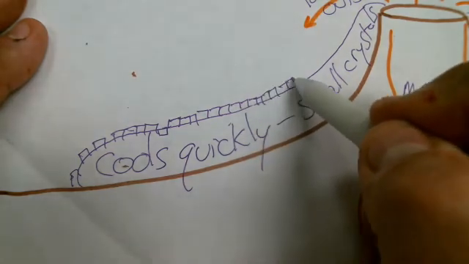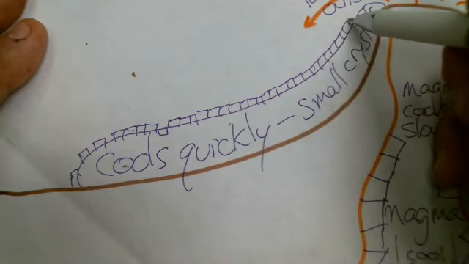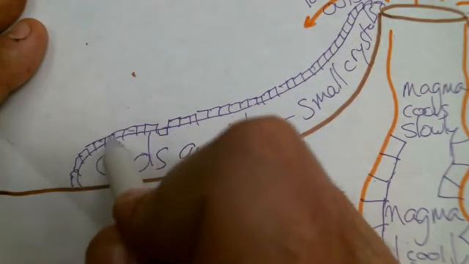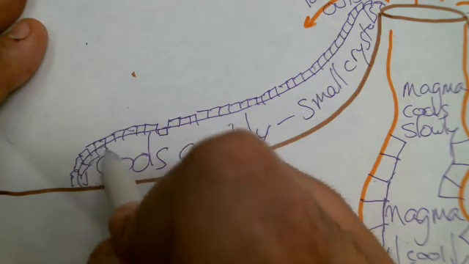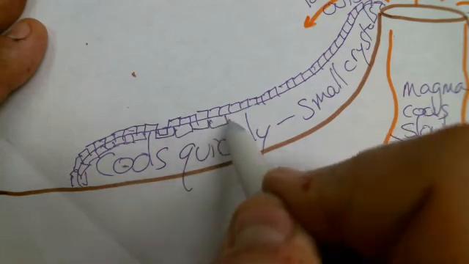Make these squares much smaller than we did before with the magma. And these crystals would form on the outside like this at first, and then gradually work their way into the deeper parts of the lava as it cools.